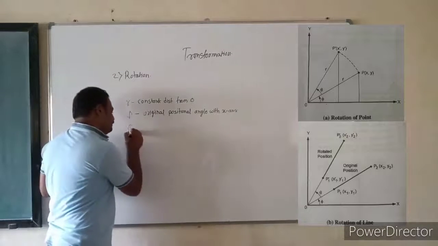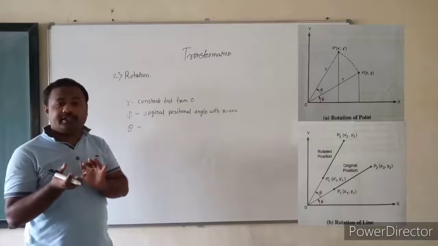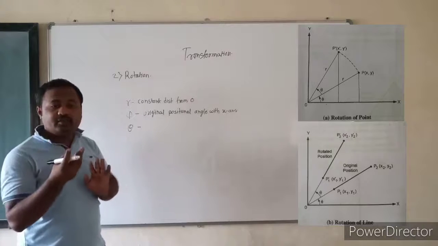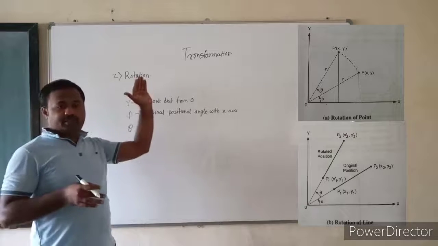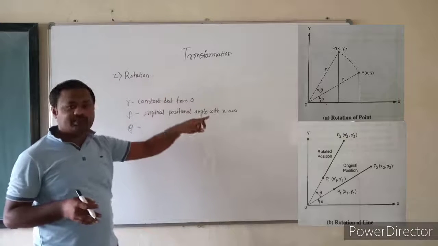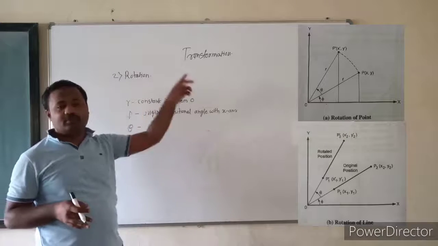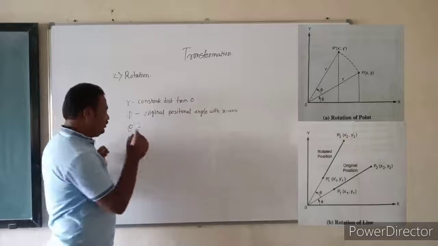Then theta is the new rotational angle in the counterclockwise direction. Clockwise is this direction; counterclockwise is reverse to clockwise. Okay, it is a counterclockwise direction.